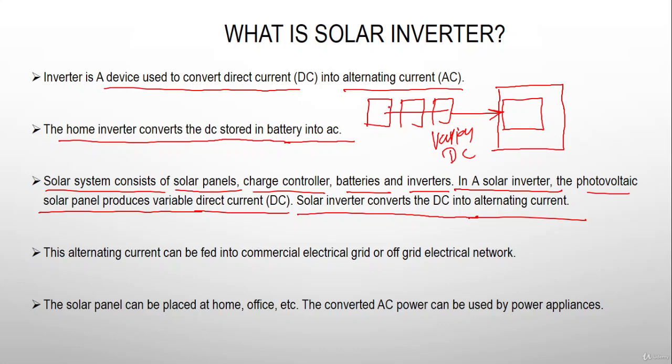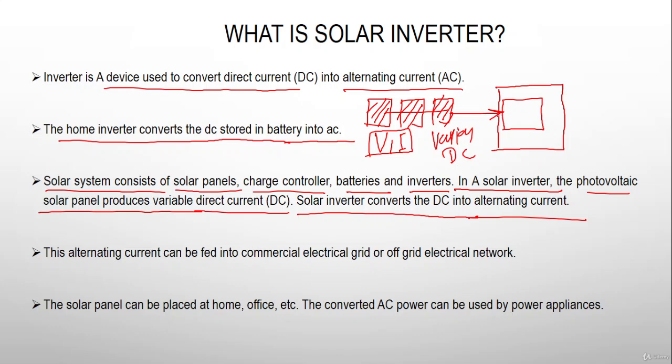Because from morning to evening, the solar radiation falling on the solar panel keeps changing, there is a variation of voltage and current from the solar panels. So every time we have a variable DC current and voltage, and that has to be converted into stable DC current, and later given to the DC to AC converter for inversion from DC to AC format.